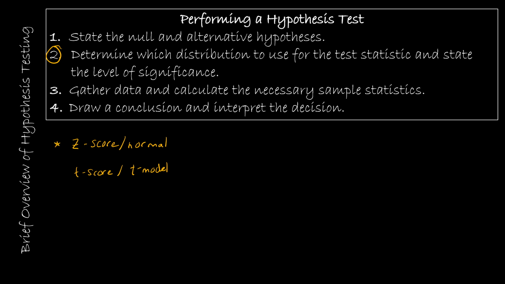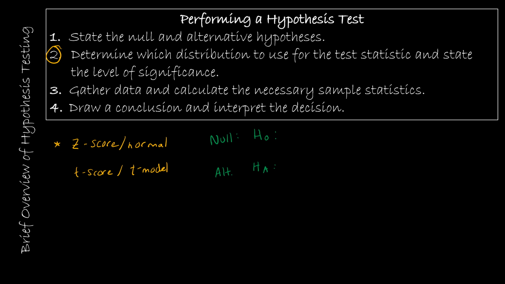Then you're going to state the null and alternative hypothesis. So the null hypothesis is typically stated as H sub 0. And then the alternative hypothesis, which is also sometimes called the research hypothesis, is H sub a. And I always tell my students that the null hypothesis just assumes the status quo.